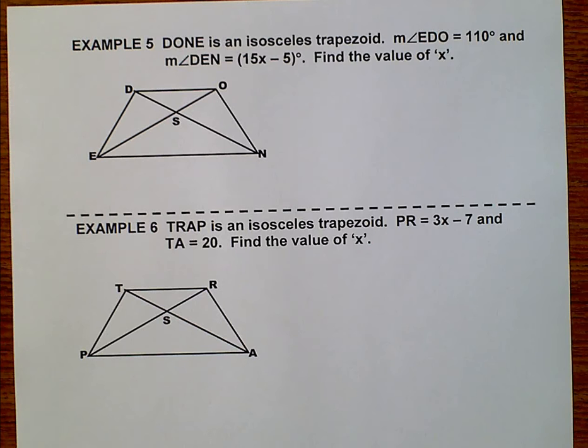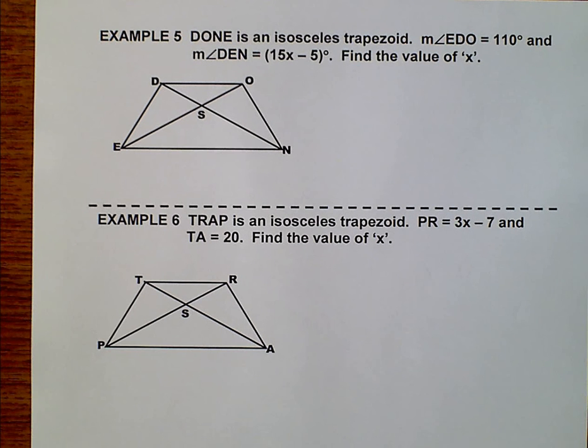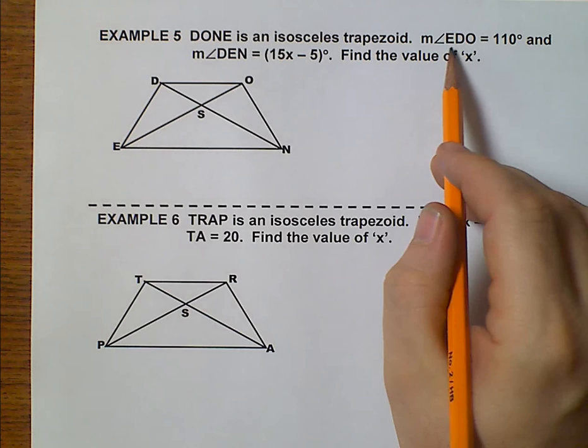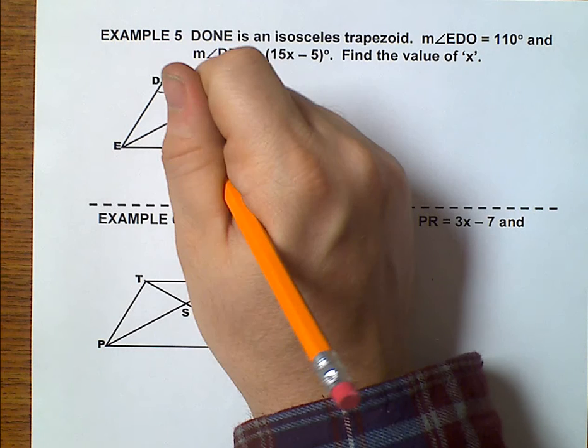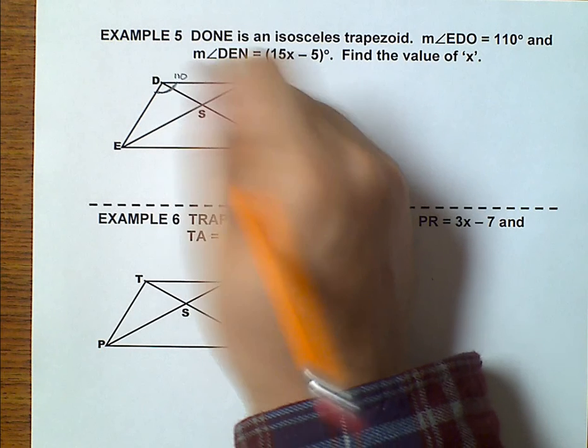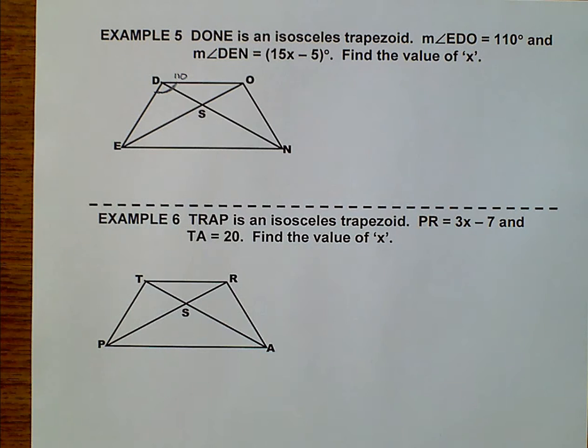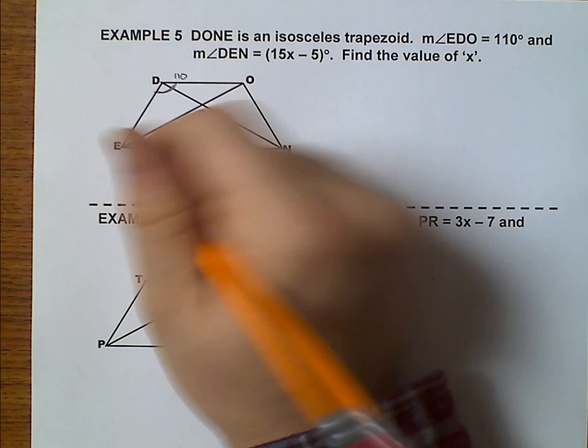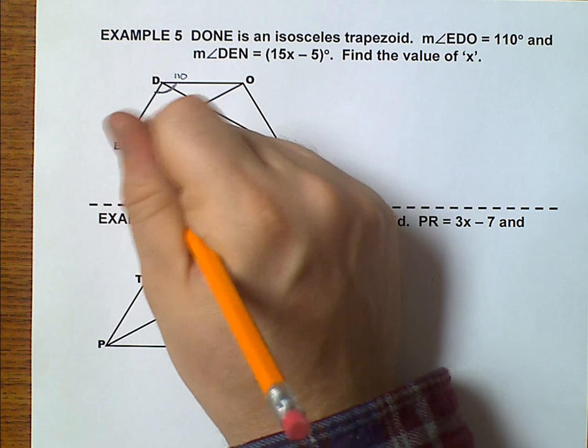There's just a couple more examples. Here they say that EDO is 110. DN is 15x minus 5.